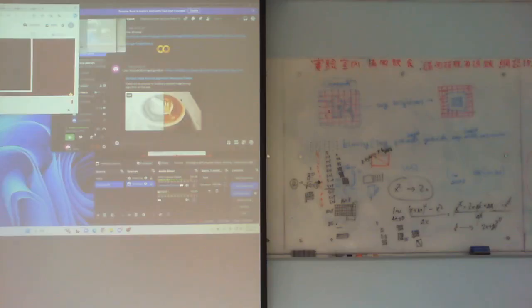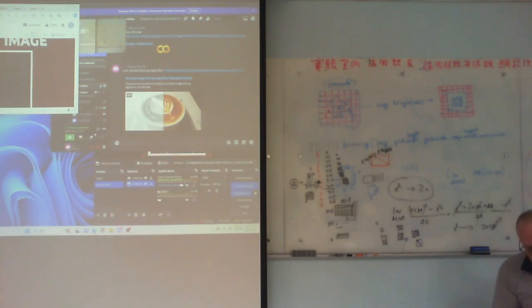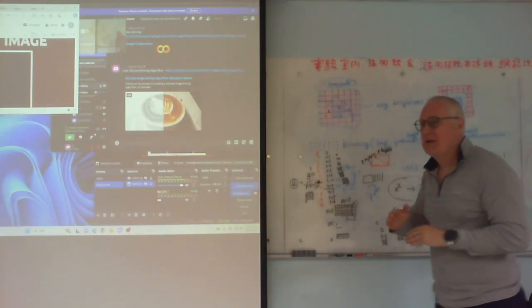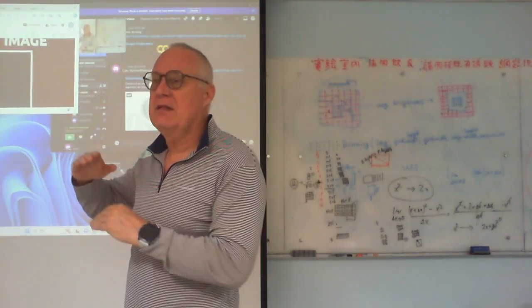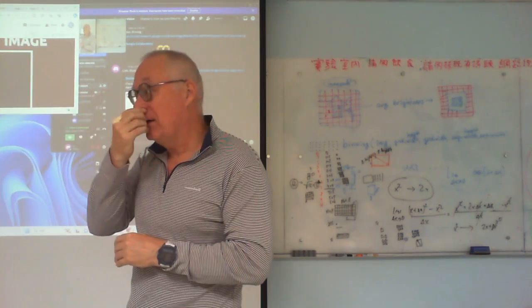Because the floating point number, when it interprets it and it's between 0 and 1, it's going to be mapped as a grayscale from 0 to 1. But if it's exactly 1, then it thinks it goes from 0 to 255.